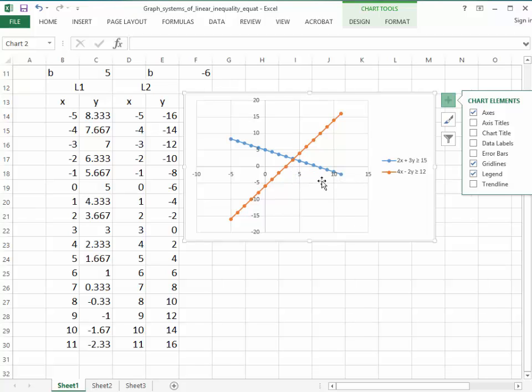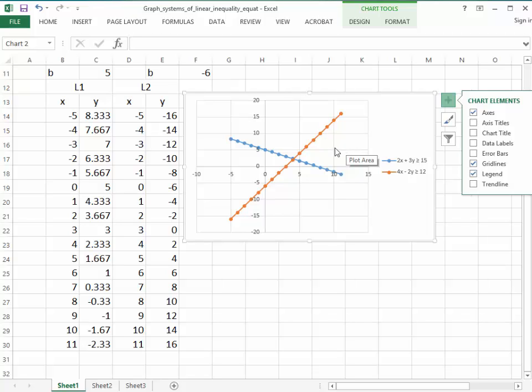So we're looking at the region below the orange line. We're looking at the region above the blue line. So this area between the orange and the blue is the region that satisfies the conditions for both inequality equations.